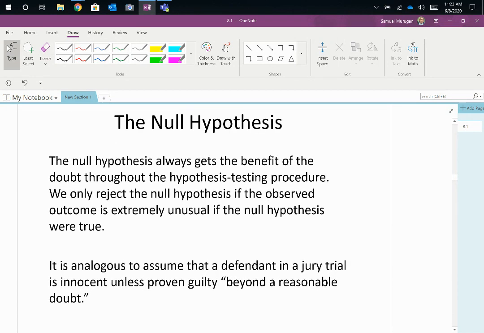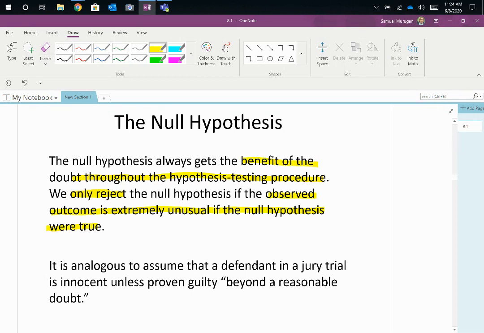All right, things about the null hypothesis. The null hypothesis always gets the benefit of the doubt throughout the hypothesis testing procedure. Important: we only reject the null hypothesis if the observed outcome is extremely unusual if the null hypothesis were true.